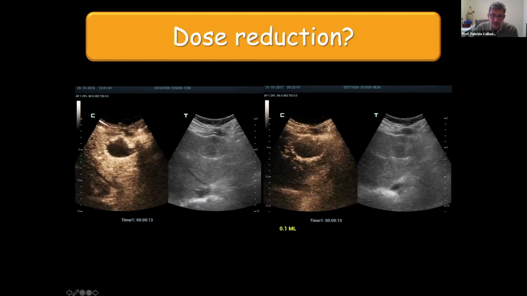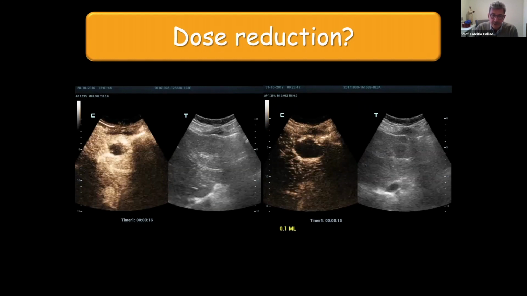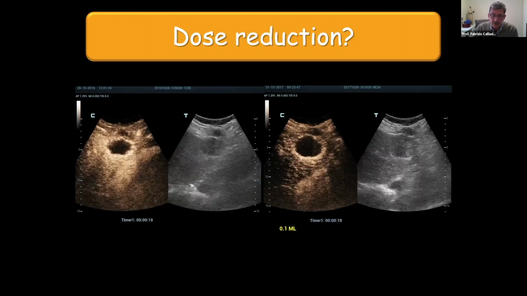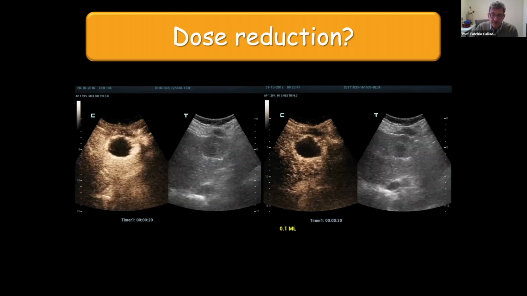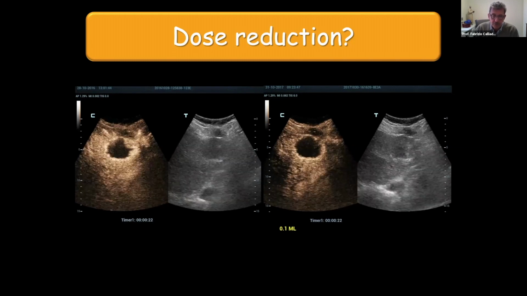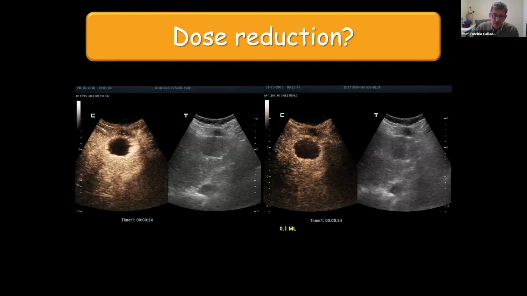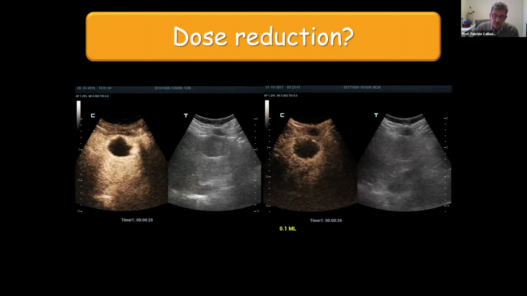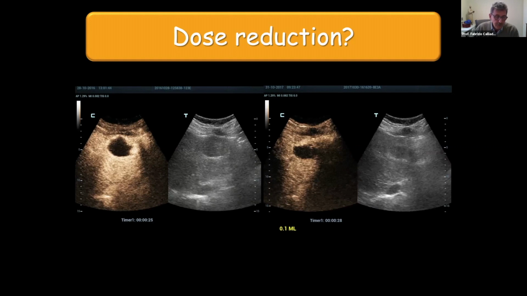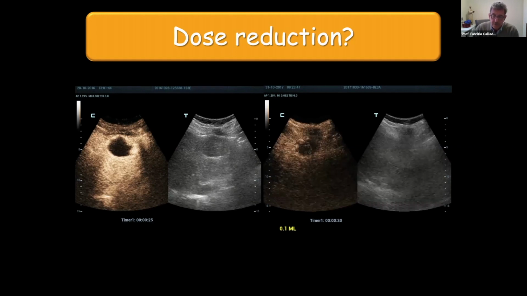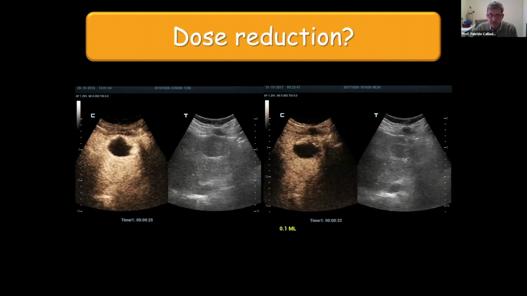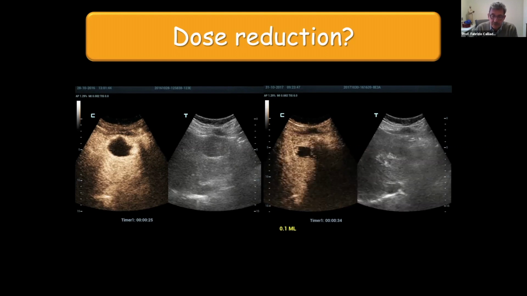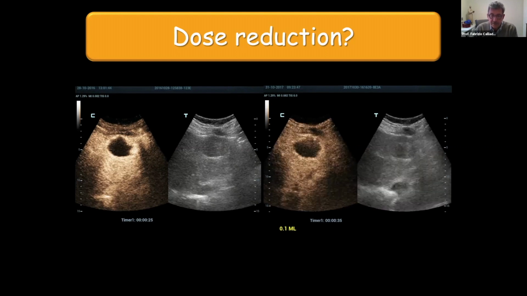What you see immediately is that the lesion is taking up the contrast, and the liver is not taking up the same amount of contrast. And of course, you don't obscure the lower portion of the liver. And of course, the nodular peripheral enhancement and the bridges and so on are easily visible.